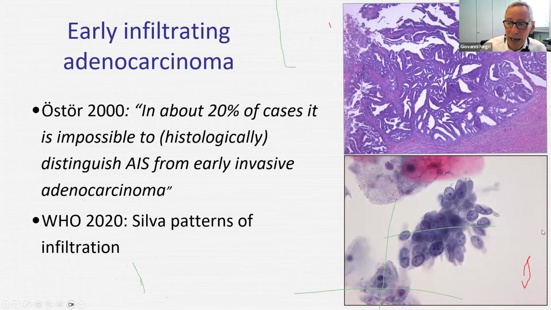So no wonder, that means that when you make the diagnosis of adenocarcinoma in situ, what you're actually telling the gynecologist is, I see the features of an adenocarcinoma in situ, I can't rule out an infiltrating adenocarcinoma, and the gynecologist knows that.